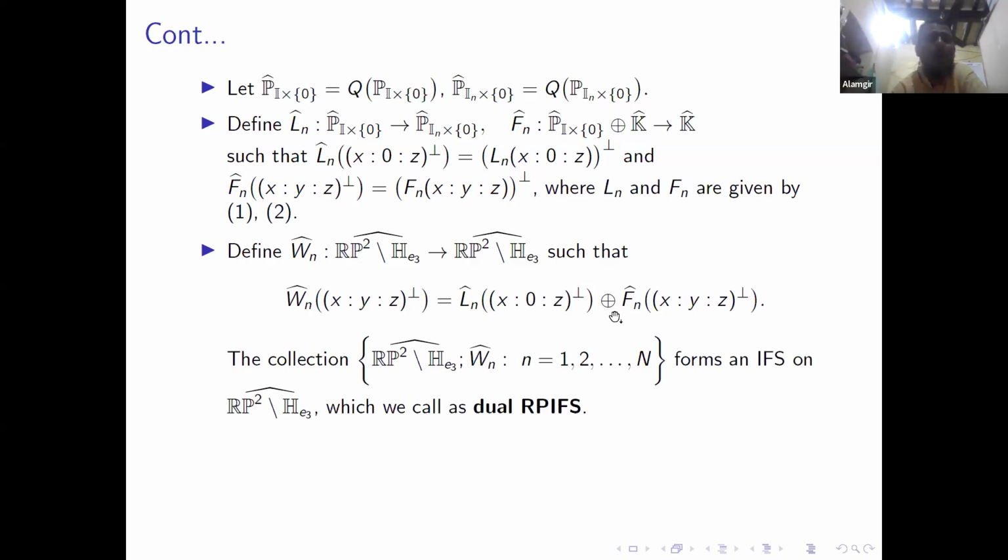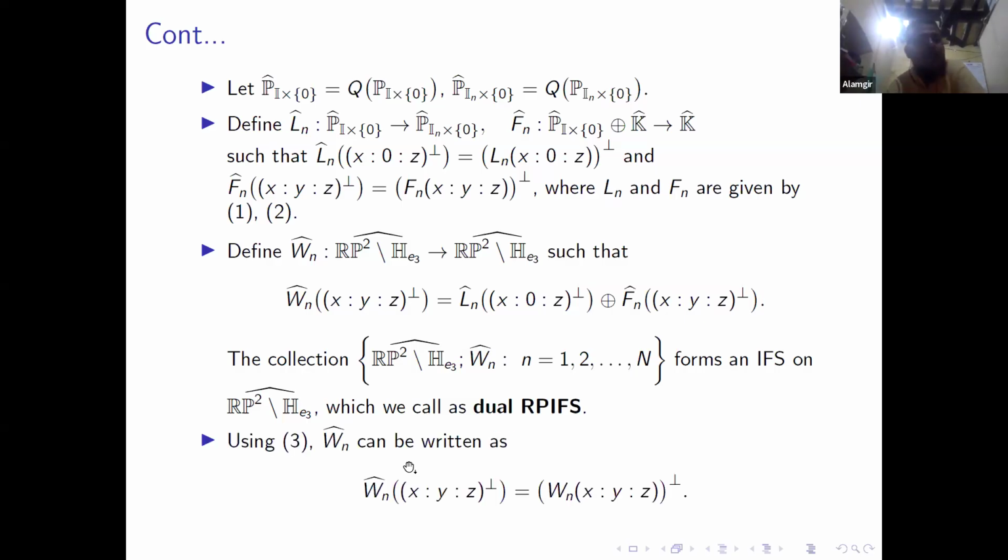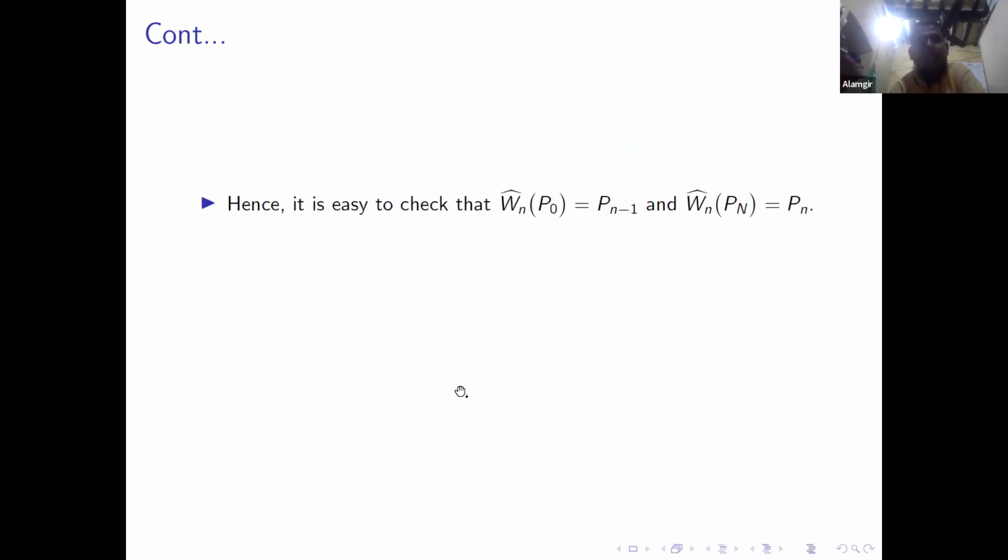Then this collection forms an IFS on that dual space, and we call this space the dual real positive iterative function system. After some manipulation, we can see that Wn hat can be written in terms of the original Wn x0z and its corresponding hyperplane. So Wn can be written like this. Hence, it is easy to say that Wn hat satisfies the join-up condition.